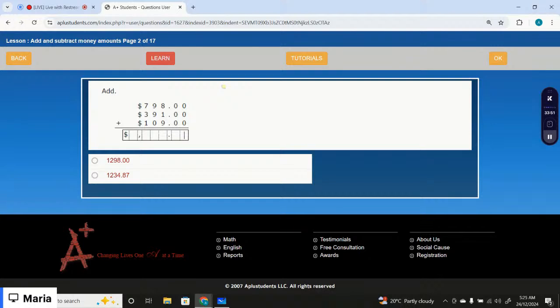Add 798 plus 391 and 109. So which is the correct option? Option number one is the correct option.